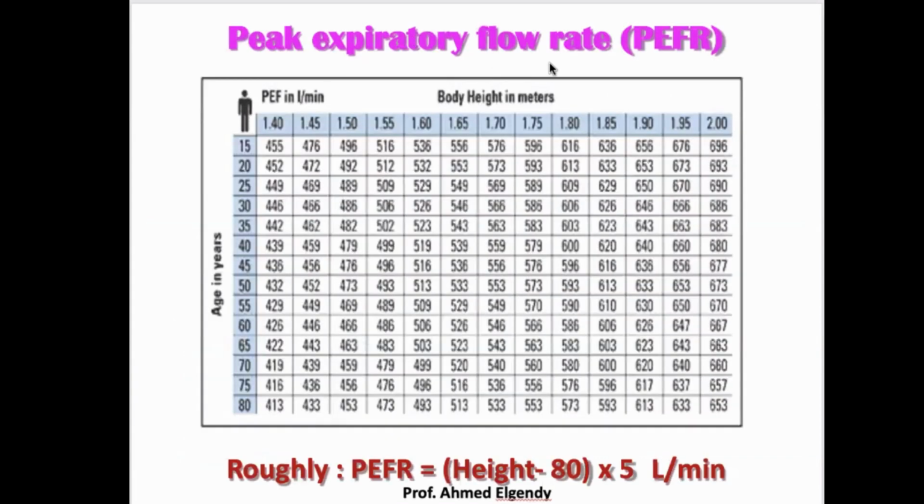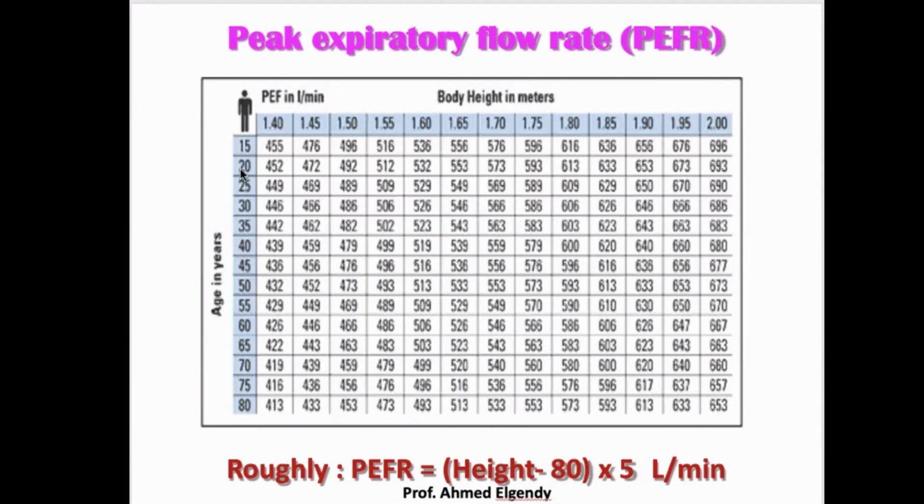And for the peak expiratory flow rate, this is the chart. These are the ages in years, and this is the body height in meters, and you can see what your predicted PEFR will be.